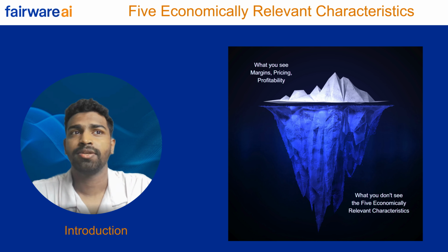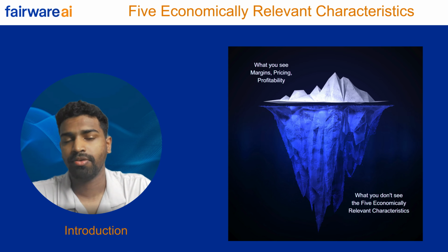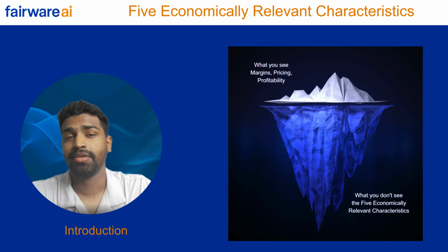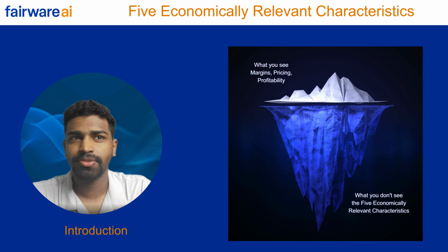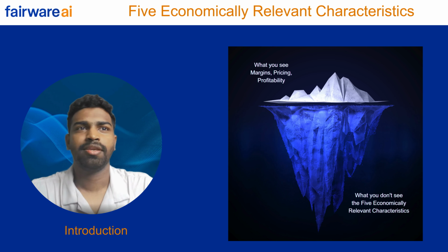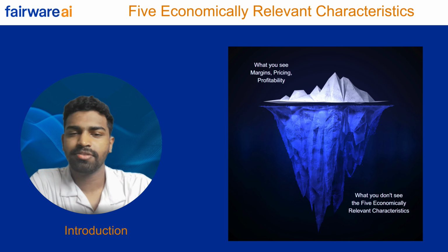If the base of the iceberg is solid, the price in a transfer pricing report won't collapse under an audit. If you only focus on the numbers without understanding what drives them, you're essentially missing most of the analysis, and that's one of the most common mistakes when we do transfer pricing. Dean, do you want to take us through the 5 comparability factors?